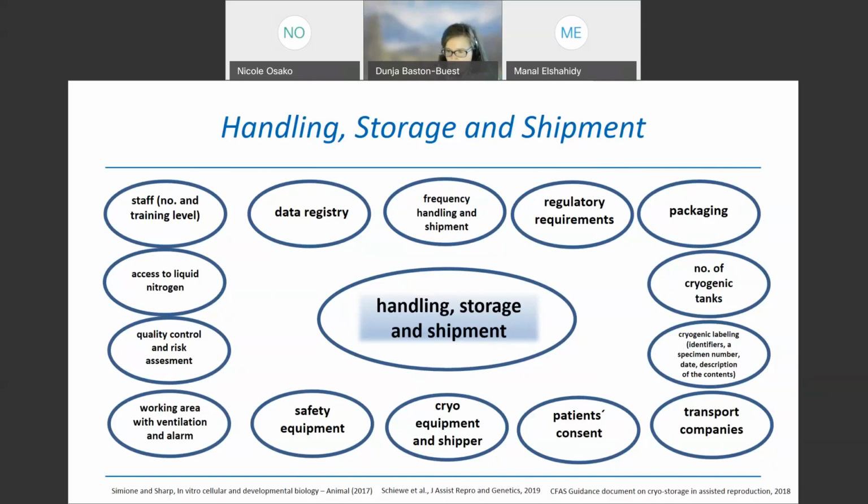We always need the patient's consent. We have to keep in mind to have enough cryo equipment and shippers and safety equipment, an ambient working area with ventilation and with an alarm system. We have the quality control and the risk assessment in order to avoid any damage to the specimen, and we need to have access to liquid nitrogen. I think there are really more points, just to show you some of them.